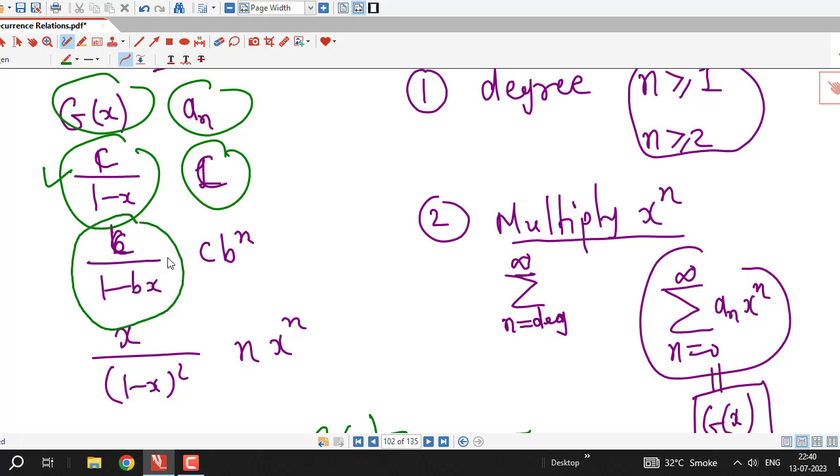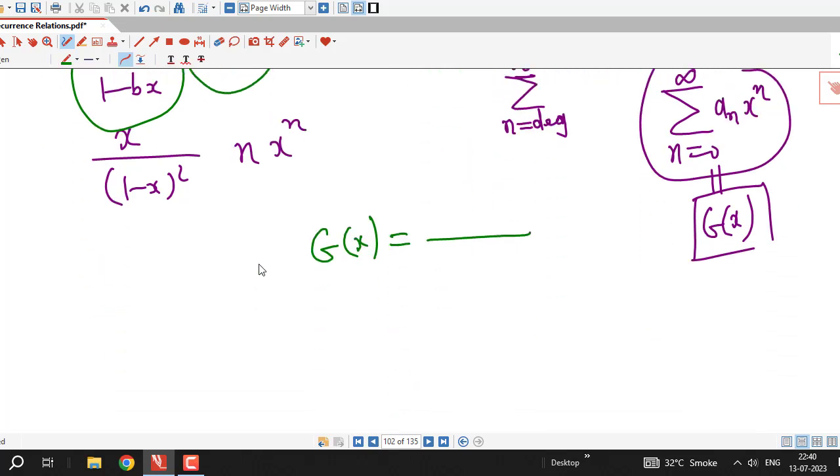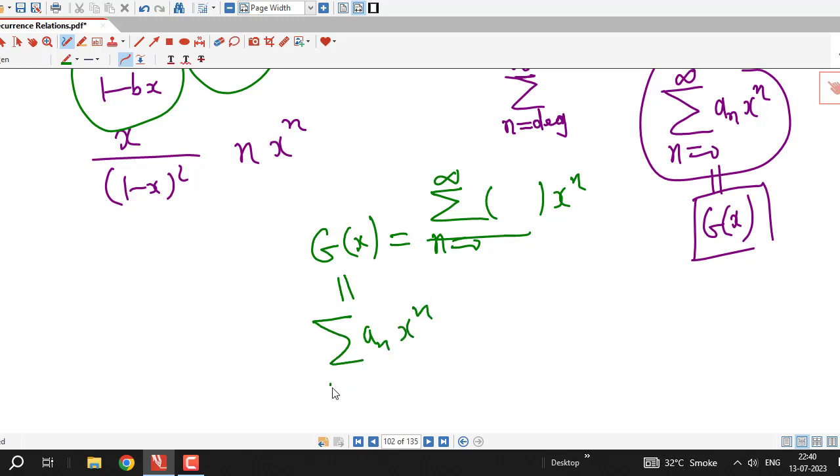If you have this type of function, then a_n is c times b raised to n, and so on. After that, you will get an expression: sigma n equal to 0 to infinity something into x raised to n, and we know that this is sigma a_n into x raised to n, n equal to 0 to infinity. So once we convert our right hand side in this form, we can easily compare these two summations, and we are able to decide the value of a_n.